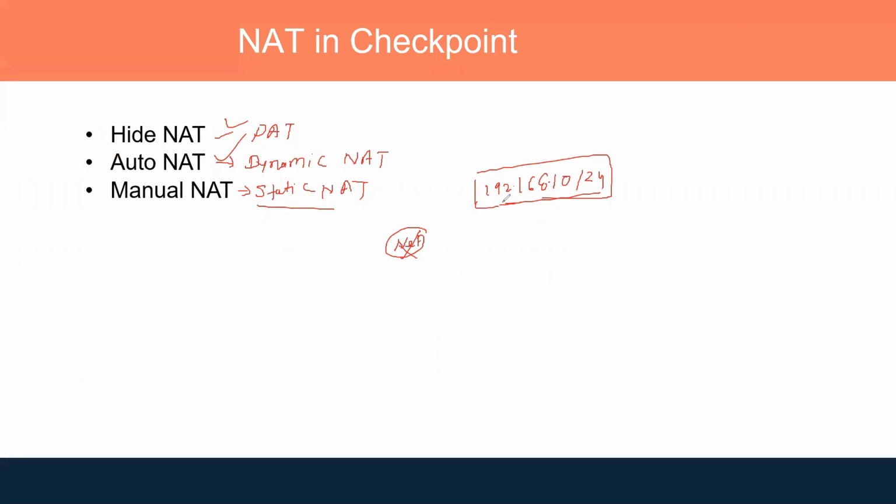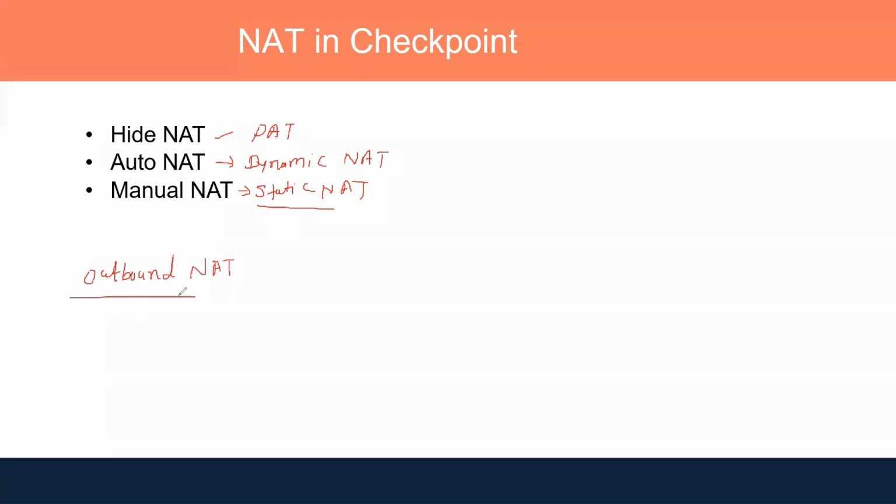But sometimes you might have heard the terms inbound net, outbound net, or source net, destination net. You might have heard that you have configured outbound net. When you say outbound net, this is source net.